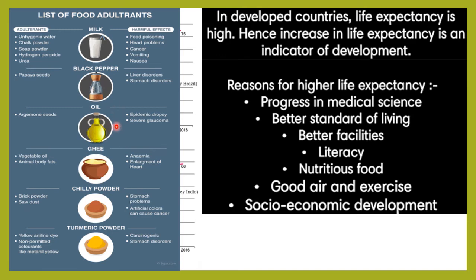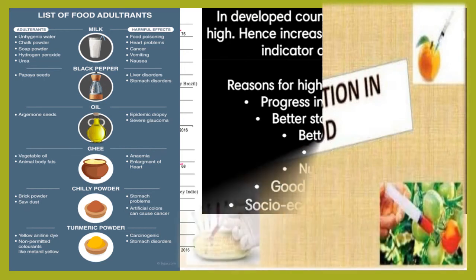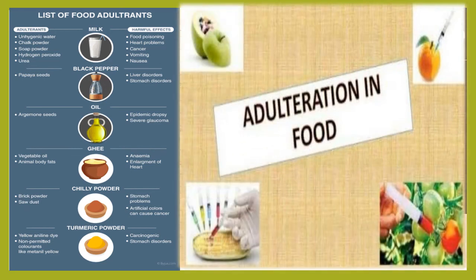So all these are foods where mixing is done, that is called adulteration, which cannot improve or enhance the health of human beings. Even in fruits and vegetables we can find that injections and chemicals are injected, which also can harm our health.